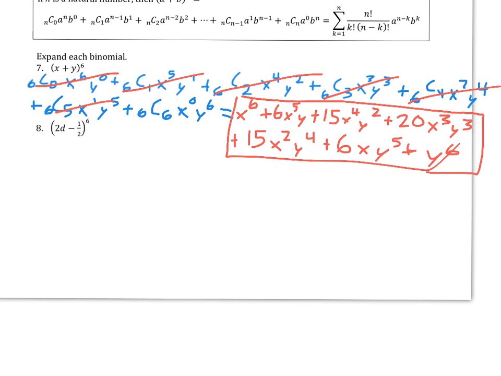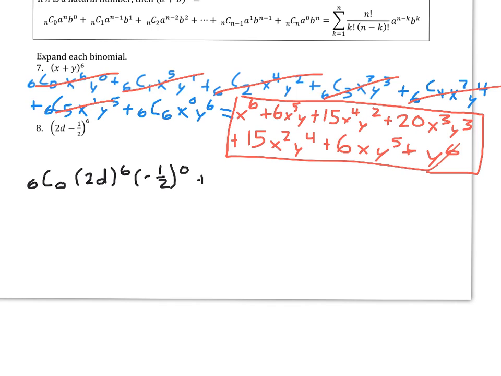So if we start with 6c, and you only start with 0, 6c0 times, now we're going to take 2d, and we want 6 of those, and we want negative 1/2, but we want 0 of those.